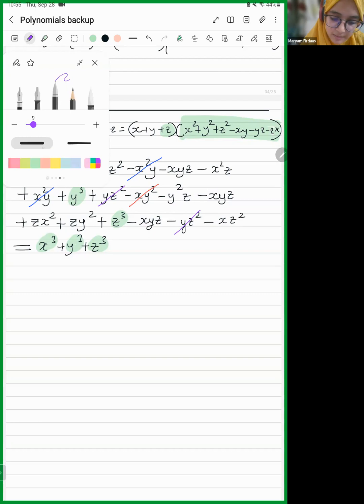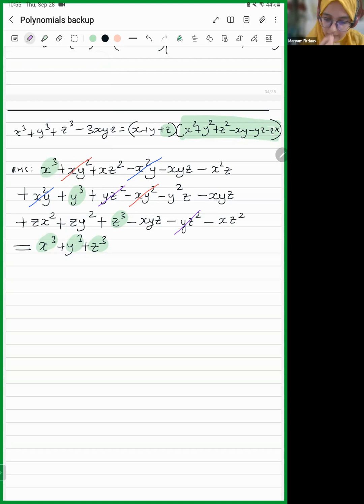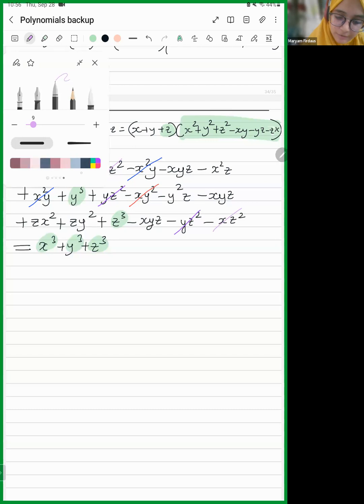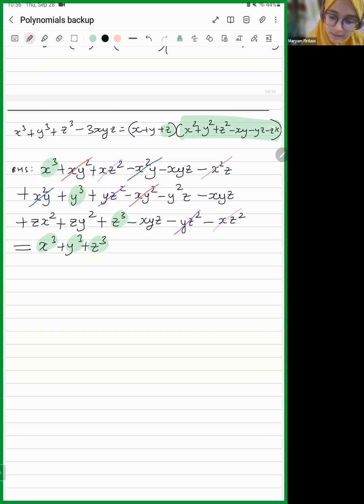Next. Plus xz square is over here, and minus xz square is over here. Then minus x square z over here and plus x square z over here.